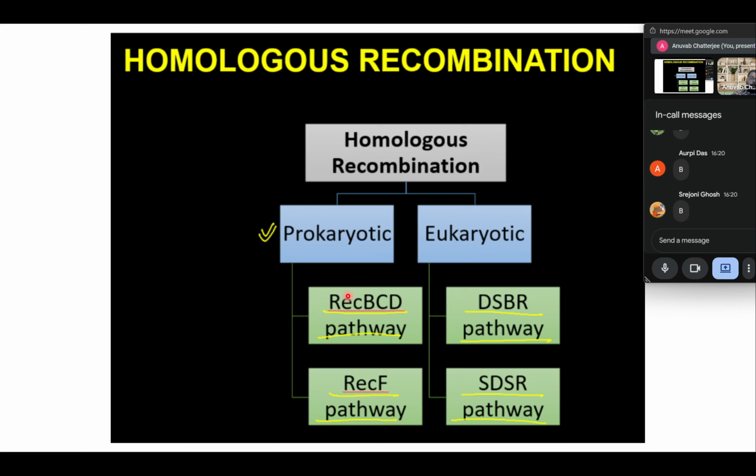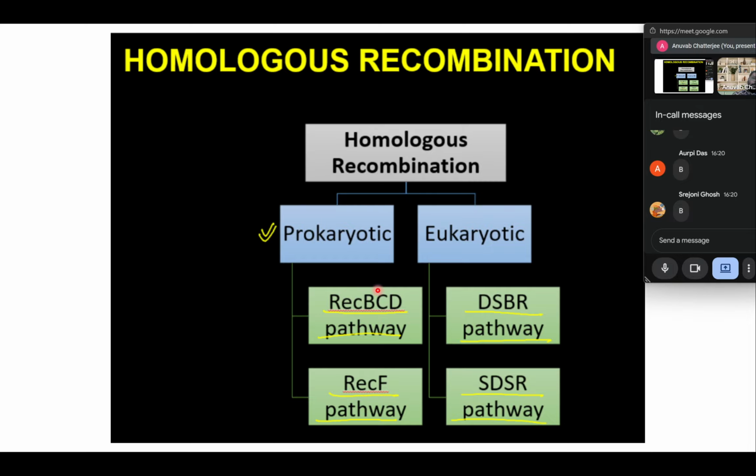That causes lesions in the DNA where there is a gap where the bases damaged by radiation are, and in case of even stronger radiation, both the strands of the DNA could break, and in that case the RecBCD pathway comes into play.